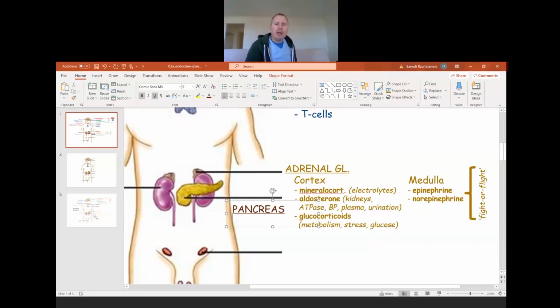So the exocrine function of the pancreas is production of the pancreatic juice, which is one of the digestive juices that we produce that helps us to process the foodstuff within the digestive system, especially in the small intestines. But that's not going to be our interest since we are talking about endocrine glands, which is all about hormones. The two hormones that are associated with the pancreas that we're going to be interested in are going to be glucagon and insulin.